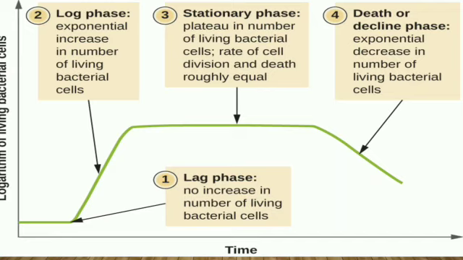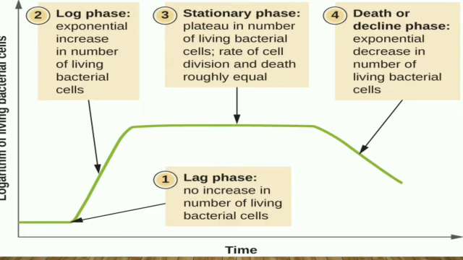The population size won't go higher, so the birth rate is equal to the death rate. That is what we see in the stationary phase: a plateau in the number of living bacterial cells, where the rate of cell division and cell death becomes equal.